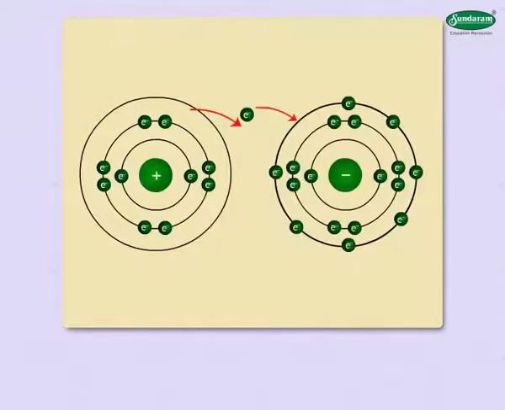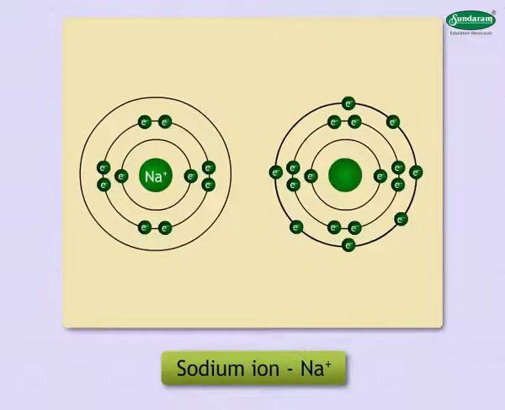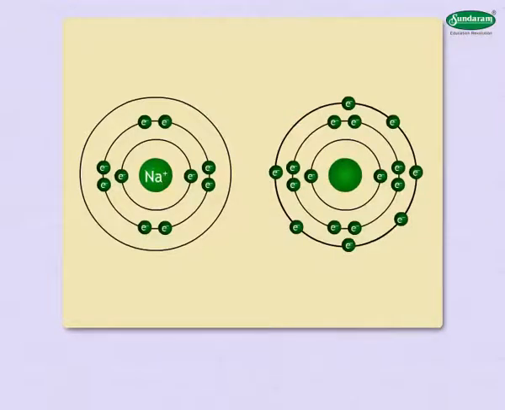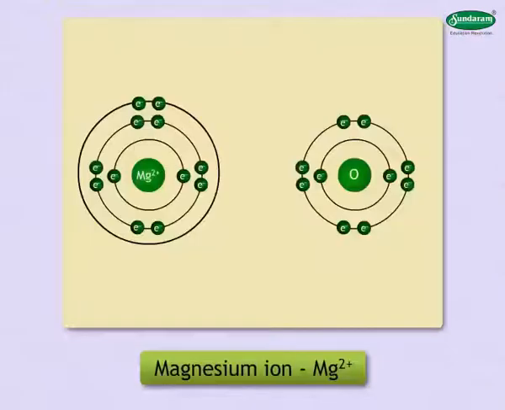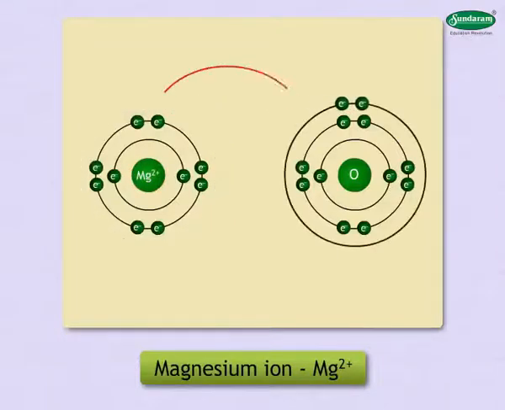The number of electrons which any atom donates or accepts is also indicated through symbols. For example, sodium ion is written as Na+ and chloride as Cl-. Magnesium ion is written as Mg2+, indicating that the valency of Mg is +2 and that it tends to donate 2 electrons while forming a compound.